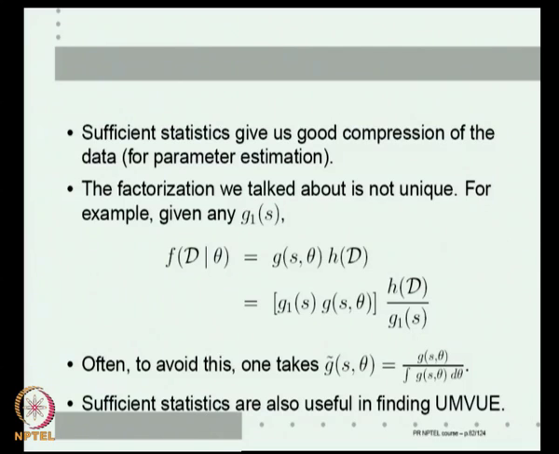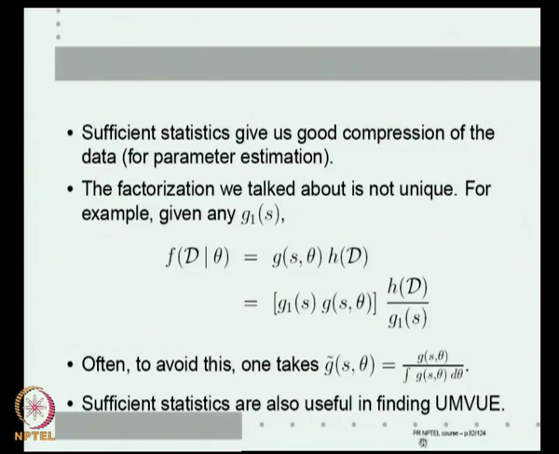Essentially, if I have any unbiased estimator and I take its conditional expectation with respect to a sufficient statistic, the resulting thing also becomes an estimate, and that has lower variance. So, taking a conditional expectation, conditioned on the sufficient statistic, is one way of reducing variance, and if the sufficient statistic satisfies a few more conditions, then that is a way of finding uniformly minimum variance unbiased estimators.